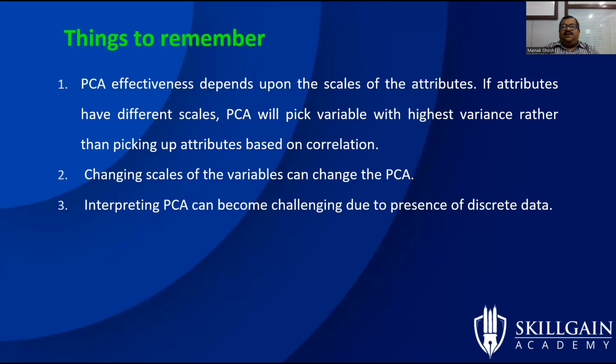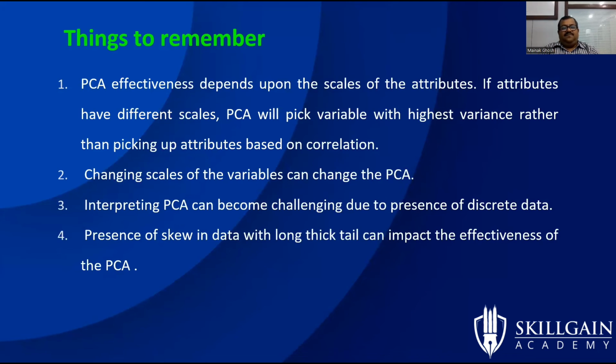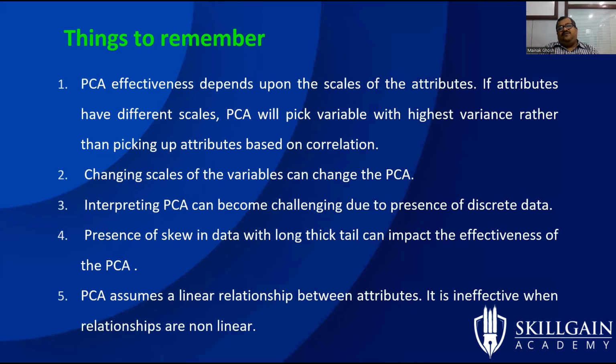Interpreting PCA can become challenging due to the presence of discrete data. Presence of skew in the data, with a long thick tail, can impact the effectiveness of PCA. So basically, in PCA assumptions, it is assumed that all the variables are normally distributed with the same variance. PCA assumes a linear relationship between attributes. It establishes those relationships. It is ineffective when the relationship is not linear.